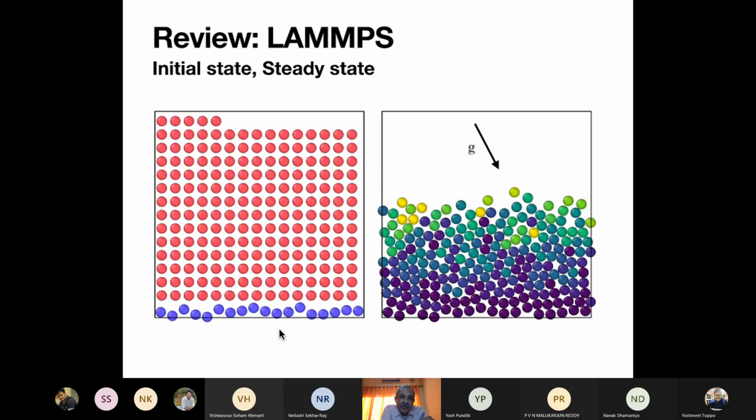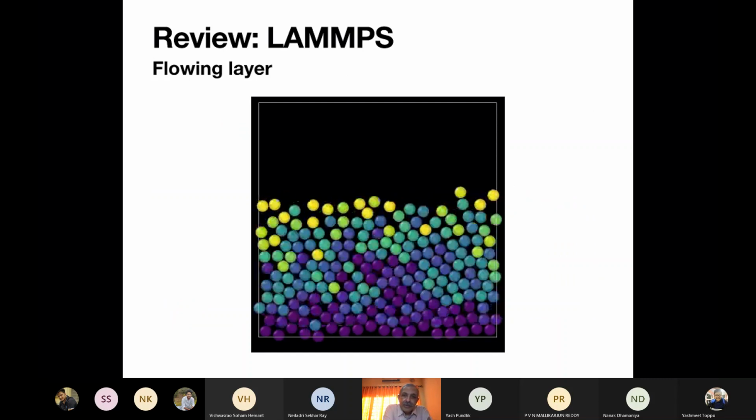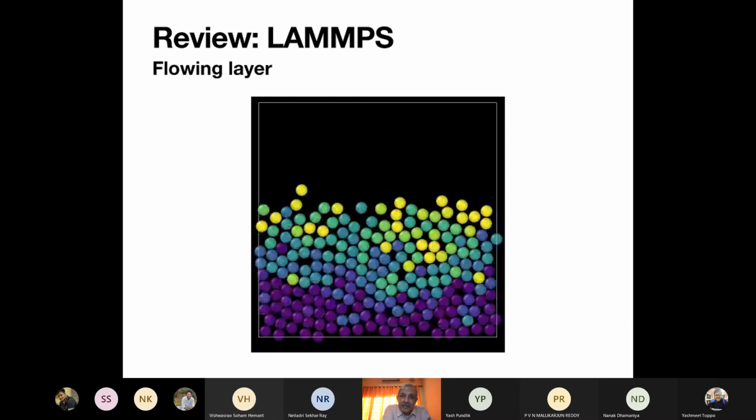And we saw that we can start from this and then you can get a steady state, a layer of particles flowing on. And of course, the particles right at the bottom are the base particles. You can see the blue ones are the base particles. And this is what it looks like when they're flowing.